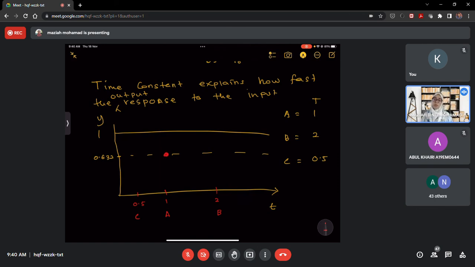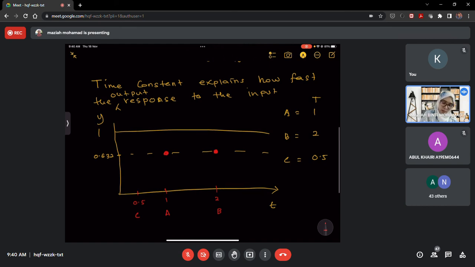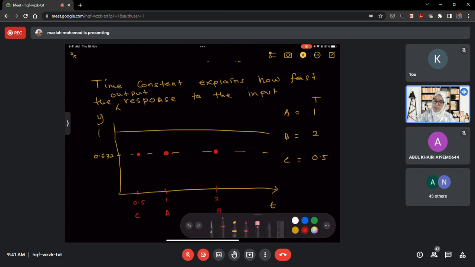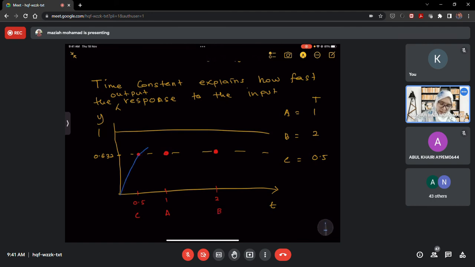System B will take 2 seconds to reach 0.632. And system C will take only 0.5 second to reach 0.632. If we plot the behavior, because it is first order, we can expect the behavior to be like this.